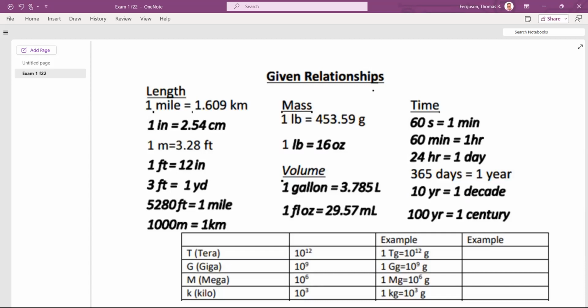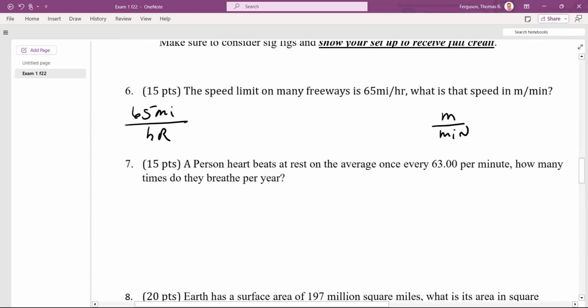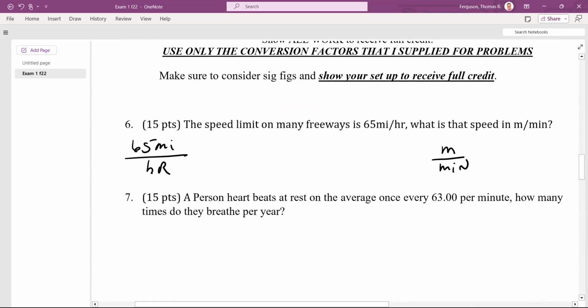We can do it a couple different ways. Let's do miles to kilometers and kilometers to meters. Okay. And do you remember how many kilometers are in a mile?